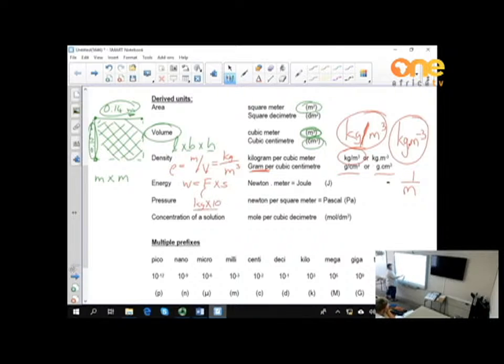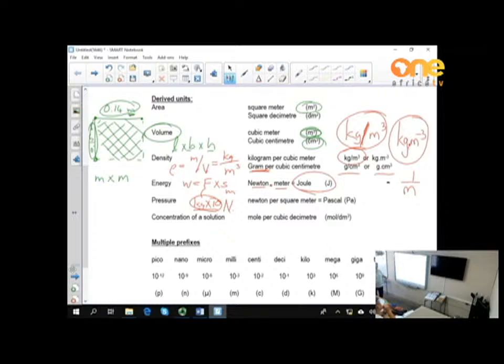So there's a derived unit. Okay? And distance is going to be meters. So if I multiply my newtons times my meter, a newton times a meter, we get the derived unit known as the joule. Be careful, it's not a newton per meter, it's a newton meter, newton times a meter.